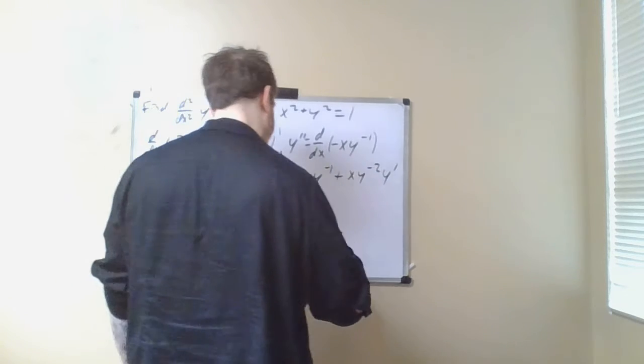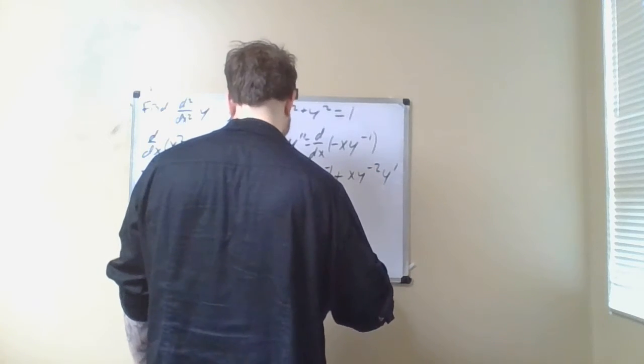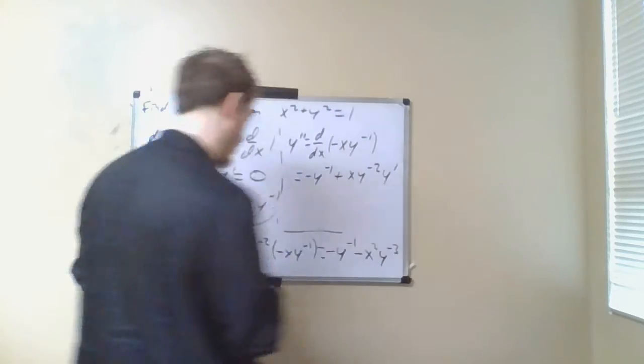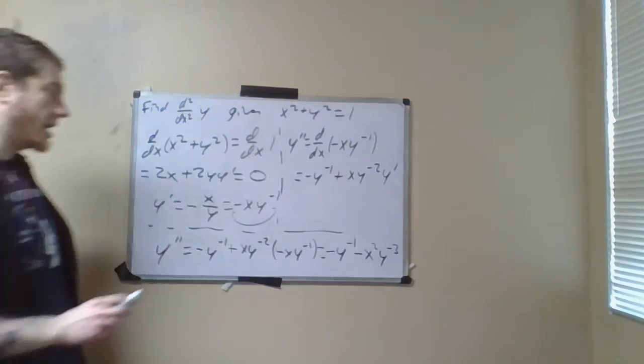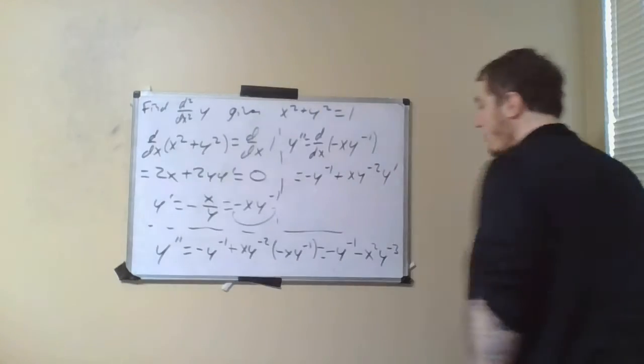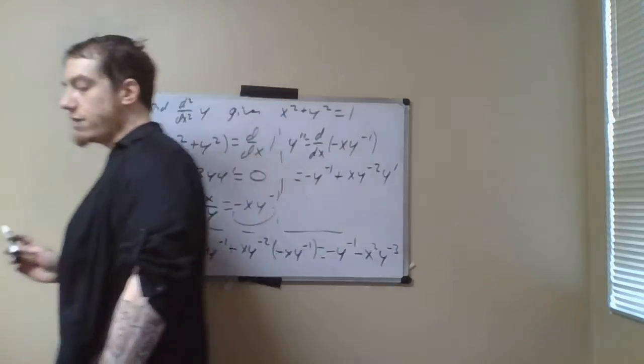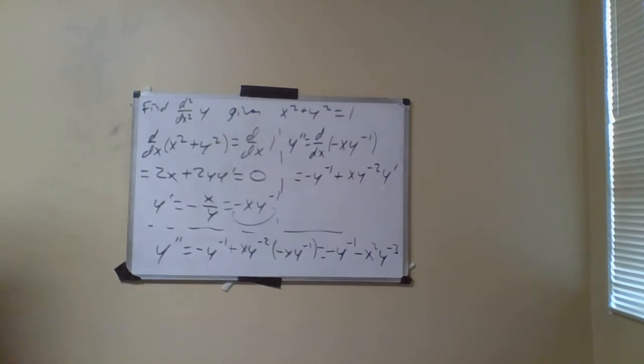So this becomes negative y to the minus 1 minus x squared y to the minus 3. So there we go. We have now managed to find the second derivative entirely in terms of x and y.